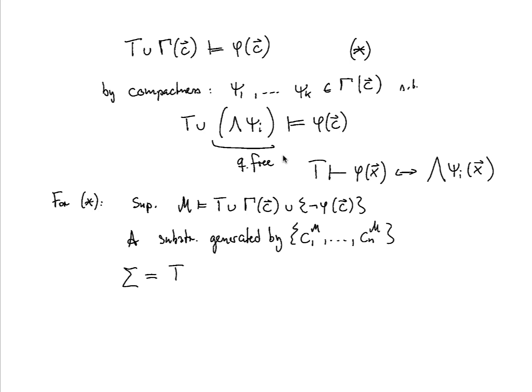So we have T union phi of c and the simple diagram of that generated substructure A.